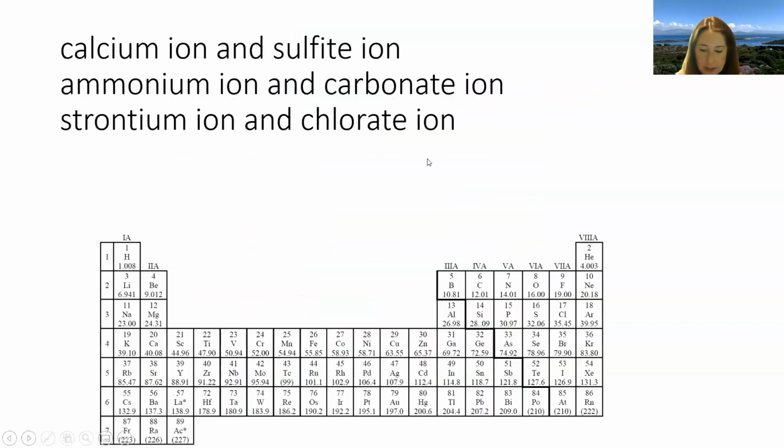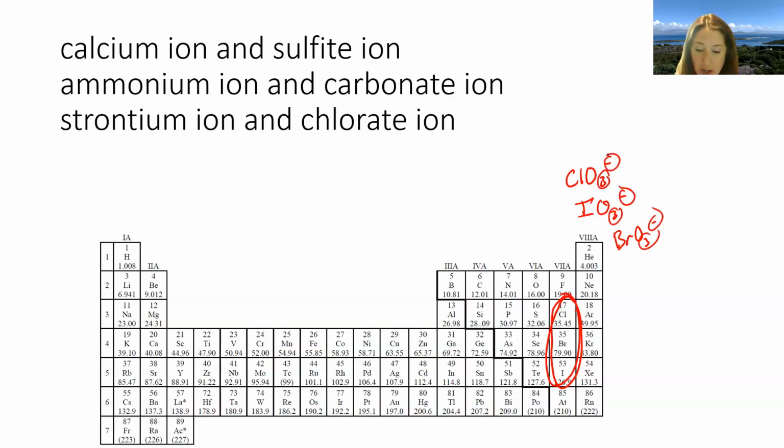These are all exactly the same: chlorate is ClO3 minus, iodate is IO3 minus, bromate is BrO3 minus. They have the same number of oxygens and the exact same charge, so all you need to know is this one.